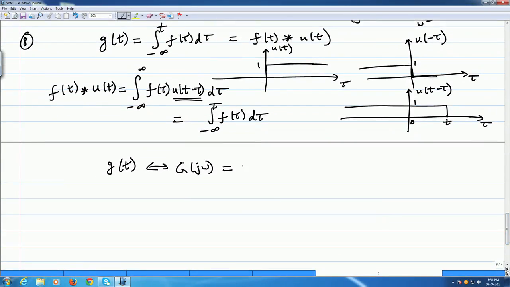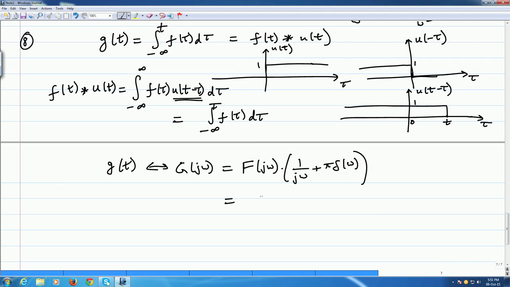So, it is just multiplication of f of j omega times the Fourier transform of u of t, which is 1 by j omega plus pi delta of omega. This can be simplified. You can write it as f of j omega by j omega plus pi times f of j omega times delta of omega.